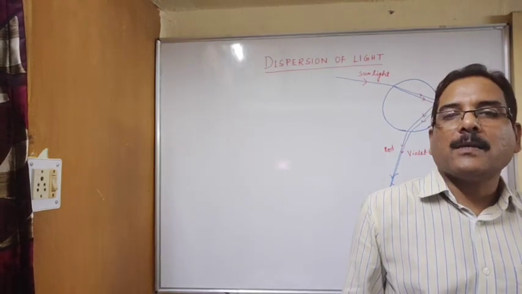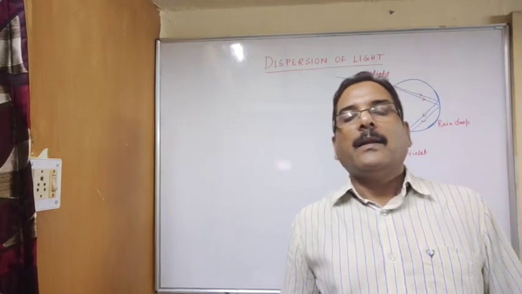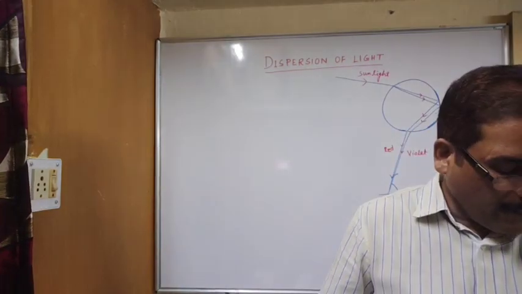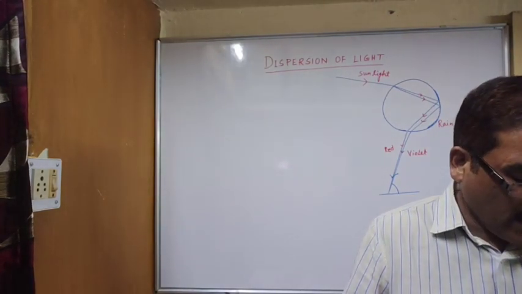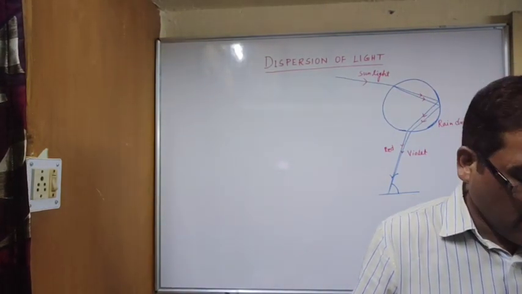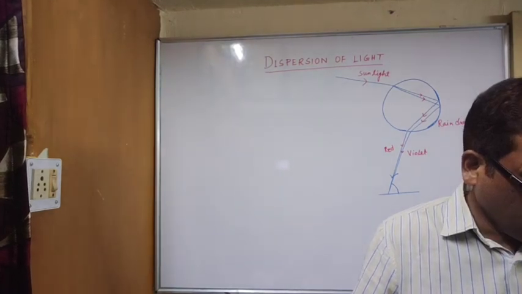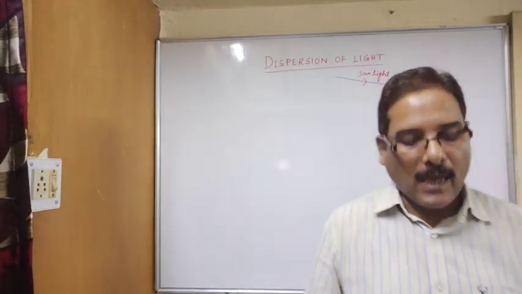Due to the dispersion of light and internal reflection, different colors reach the observer's eye.